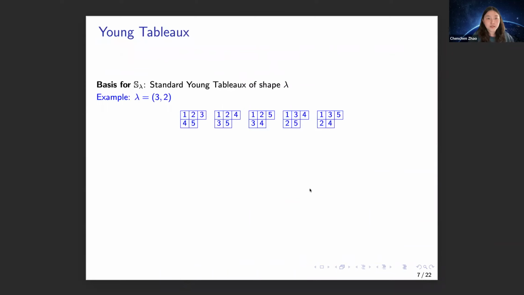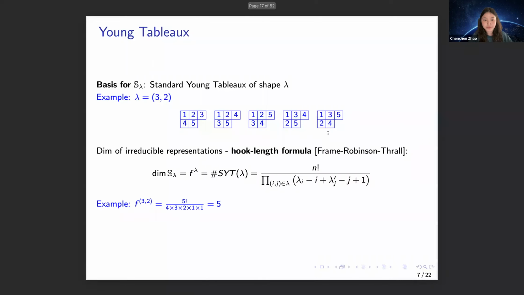And we just mentioned that the basis for the Specht modules are the standard Young tableaux of shape lambda. How do we know that if lambda is 3, 2, we have all of them? There is actually a way to compute the number of standard Young tableaux of a particular shape, and that's given by the hook length formula.